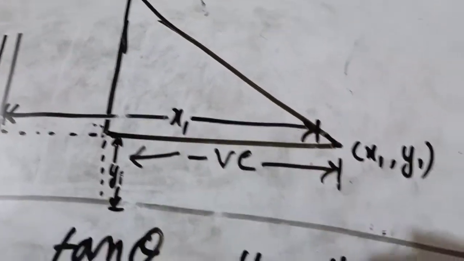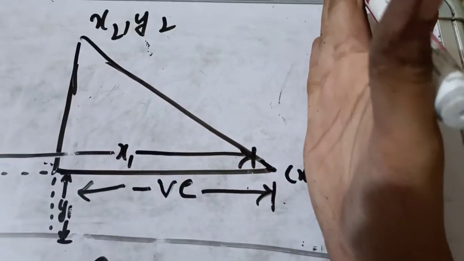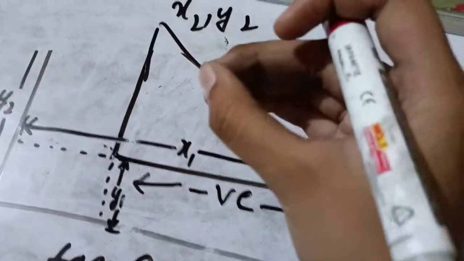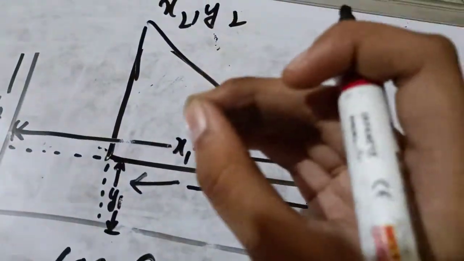Is that right? That's why we say when the line is in the left direction, the line will have a negative slope.